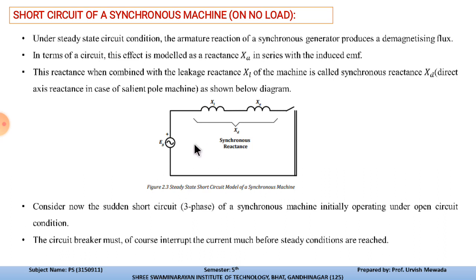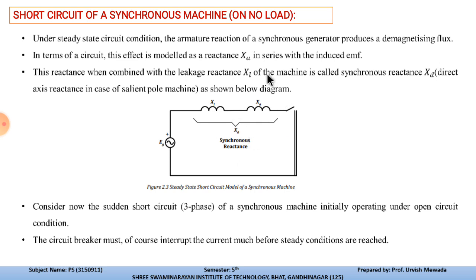Therefore, under steady state short circuit condition, the armature reaction in a synchronous generator produces a demagnetization effect. This effect is indicated as the armature reactance and the leakage reactance. Thus the equivalent reactance of the synchronous machine becomes the direct axis reactance XD, which is the combination of XL and XA.